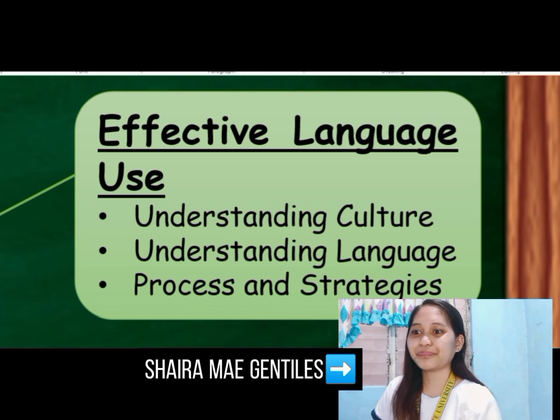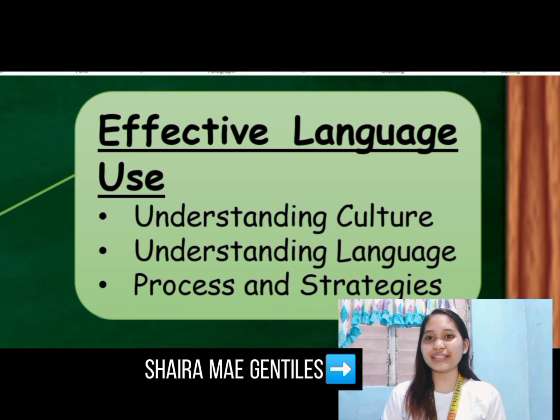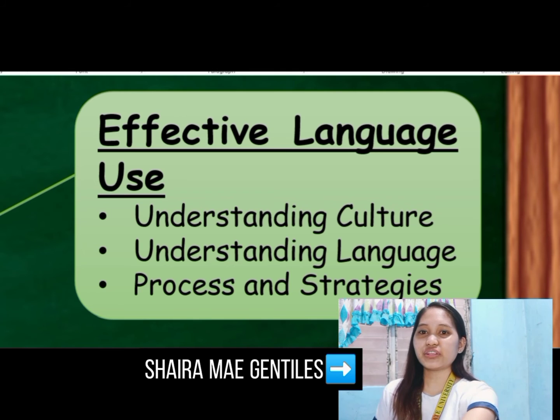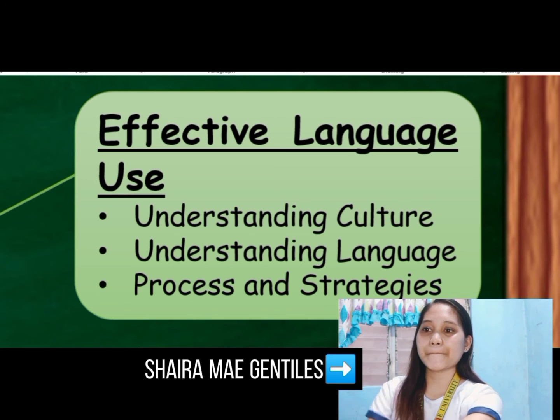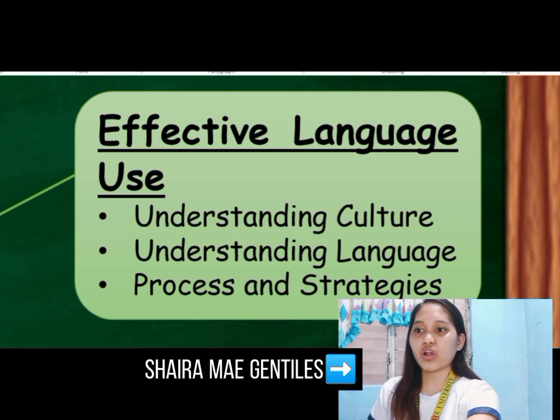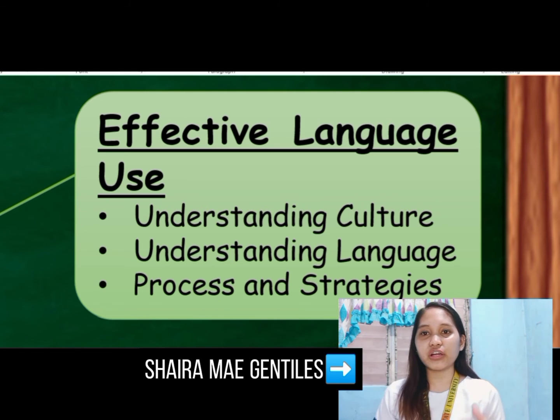Lastly, the strategies and process. Strategies and process are important for language learning because they are the tools for active, self-directed involvement, which is essential for developing communicative competence.